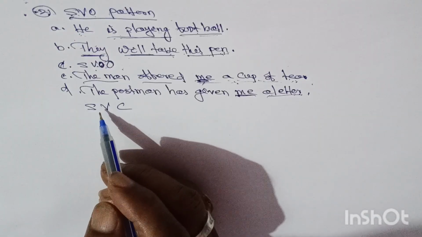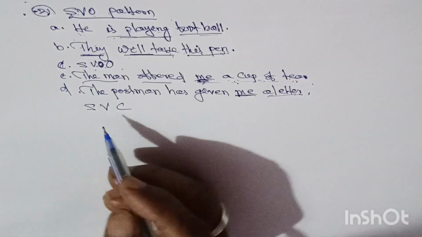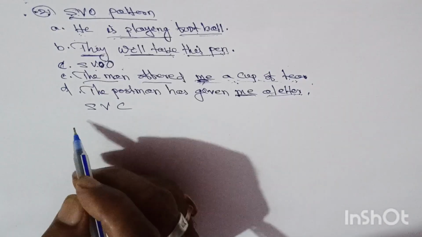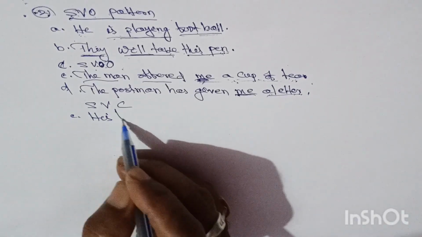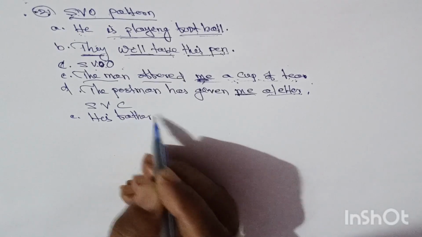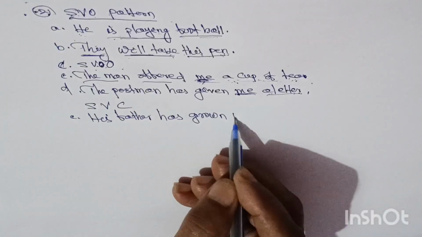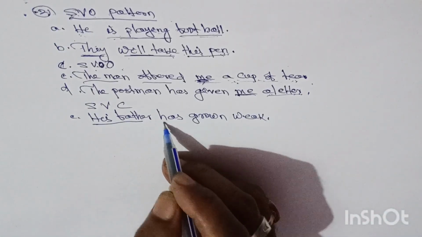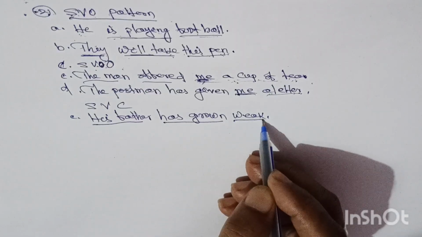Take an example: his father has grown weak. Here the subject is his father, has grown is the verb, weak is the complement. So it is SVC.